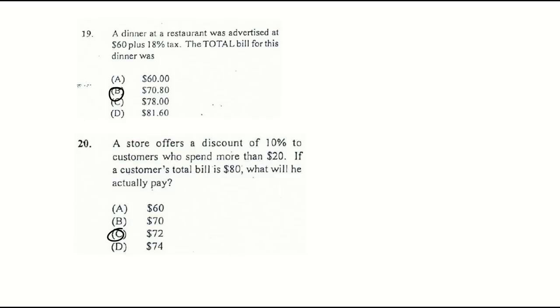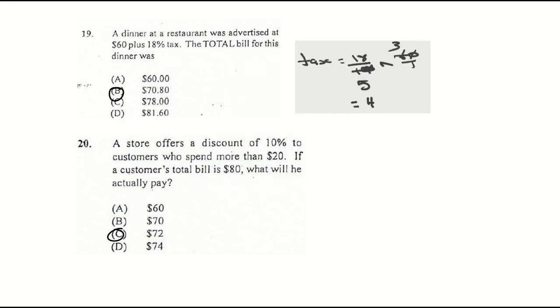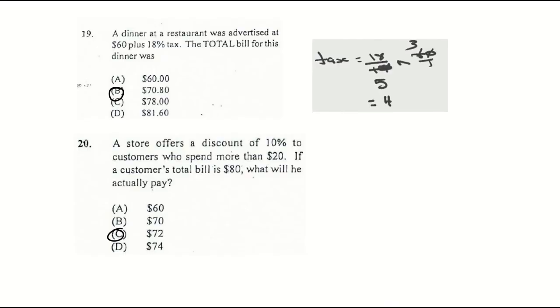Right? If you want to see the working for the tax question, it would have been this right here. It would have been 10.80.